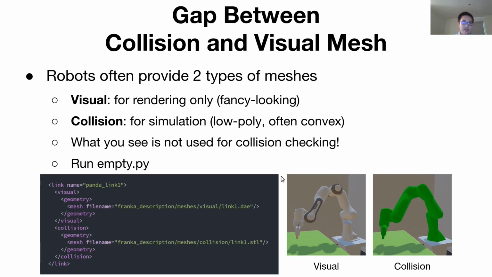And down here is a snippet from the Franka Panda URDF file. And we can see there are different visual and collision meshes loaded. And actually, let me run it in Sapien for a visual comparison.